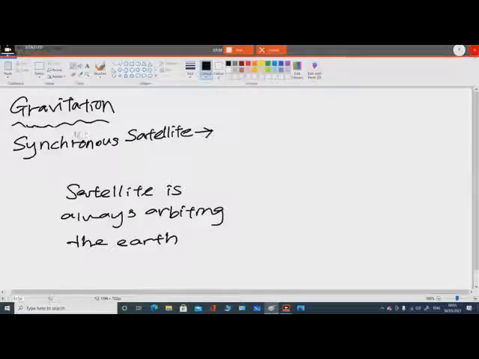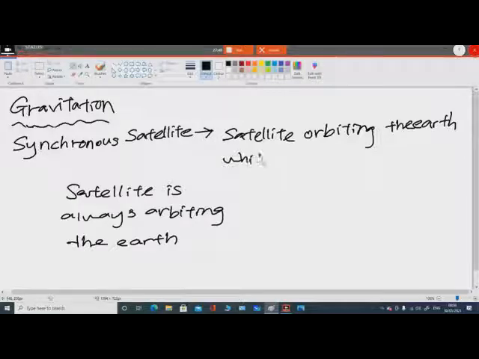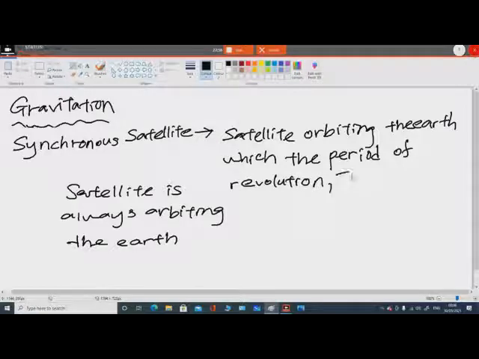Okay, so synchronous satellites means that the satellite is orbiting the Earth with a period of revolution, which is capital letter T, for one complete circle, as we discussed in the previous chapter.